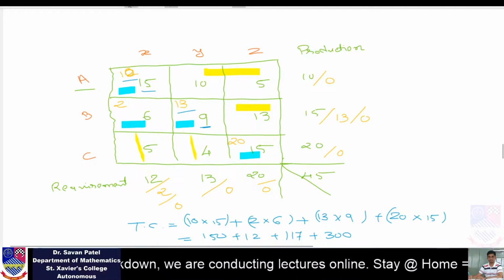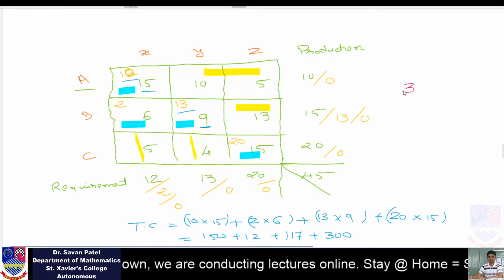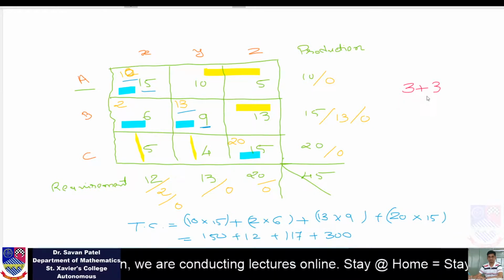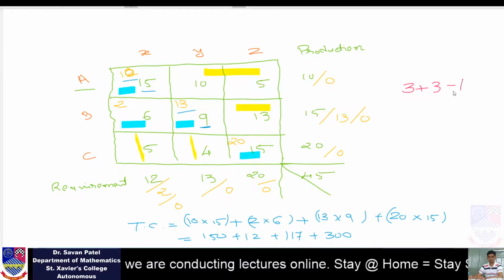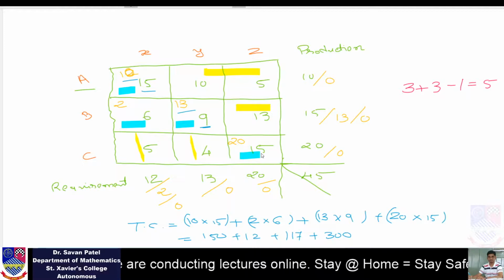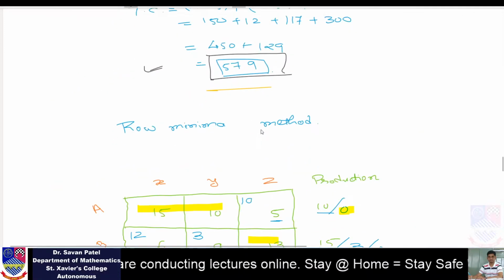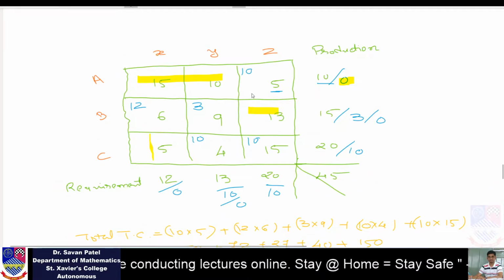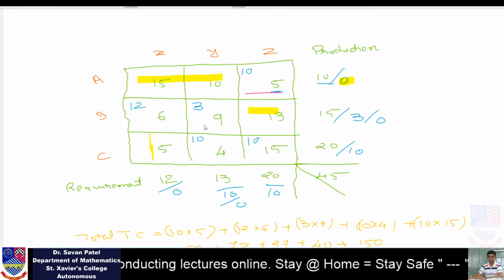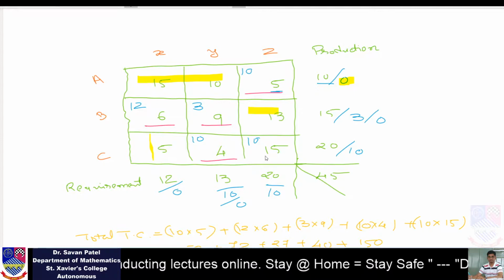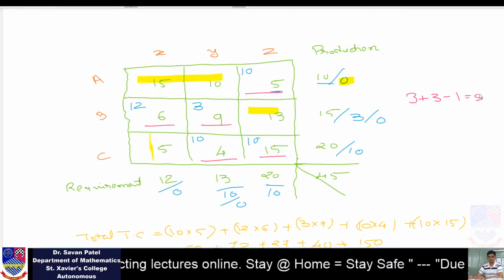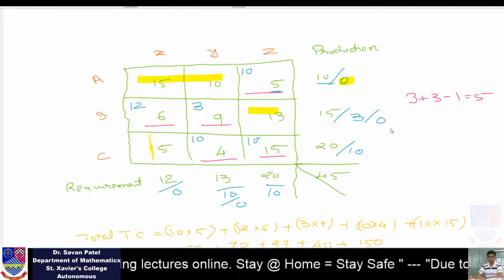Since our problem is having 3 sources and 3 destinations, 3 plus 3 minus 1 is 5, and we are having here allocation 4. If we go for this method, then we are having one allocation, second, third, fourth, and fifth. So 3 plus 3 minus 1, that is 5, is matching here.